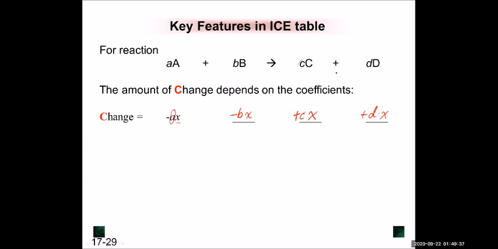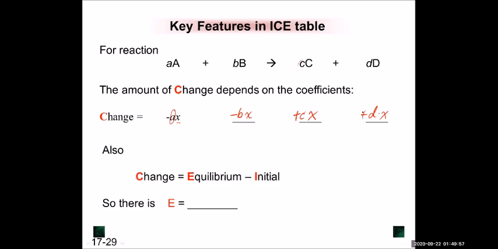If the coefficient is very small, then the change will be small. Just because of the nature of a chemical reaction, the atoms rebound, form a new bond, and it will disappear from the reactant, then gain in the product, and vice versa.